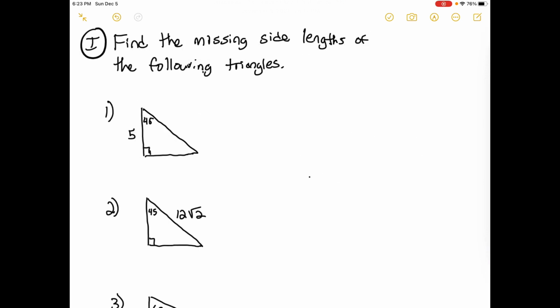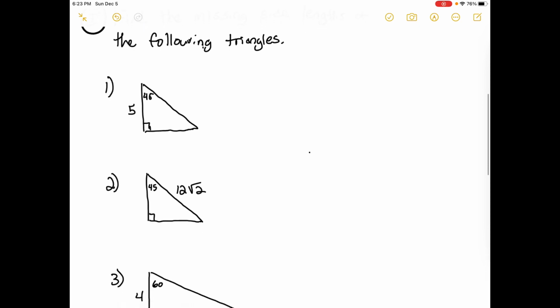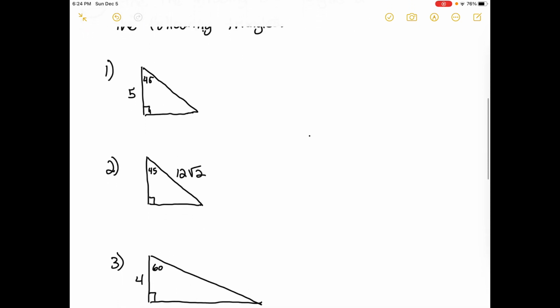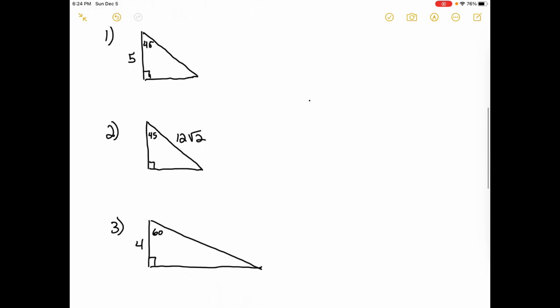Okay, for the first part of your study guide, you're going to have to find the missing side lengths of the following triangles. I'm going to give you 10 of these, and the first 5 are going to be basic, and then the next 5 are a little bit more difficult. But I want you to try these first 5 on your own. Number 1's a 45, 45, 90. 2's a 45, 45, 90.